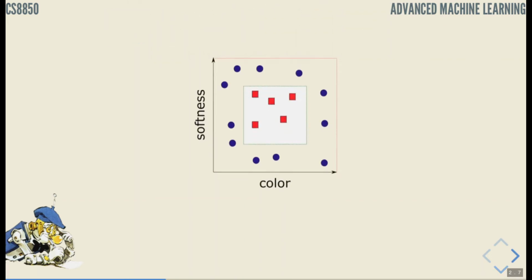Well, let's consider this example. So we have our papayas. There is a softness axis and there's the color axis. For some reason, in that space, imagine that our ripe, or tasty, papayas are everything that falls within this square.